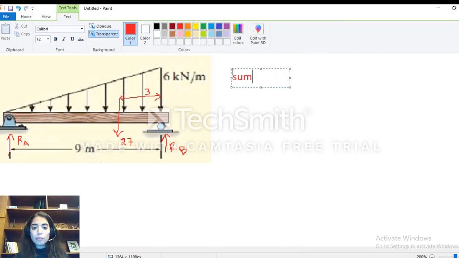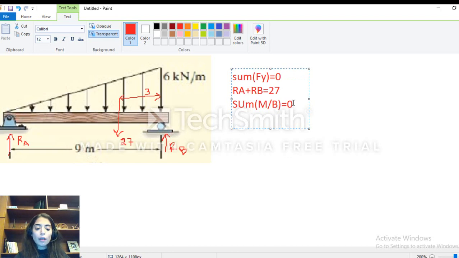I know from the sum of Fy equal to 0 that Ra plus Rb is equal to 27. And from the sum of moments around, let's say, A or around B, it is the same. So let's find it around B to find Ra directly is equal to 0.